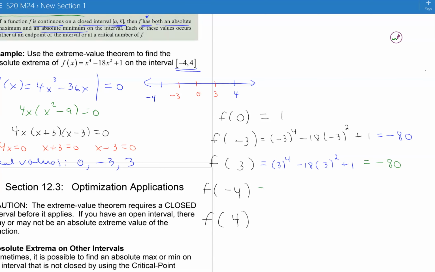So that same thing is going to happen when I put -4 and then 4 into the function because of that even exponent. And I'm getting -31.